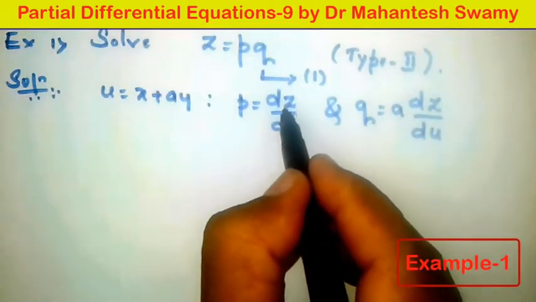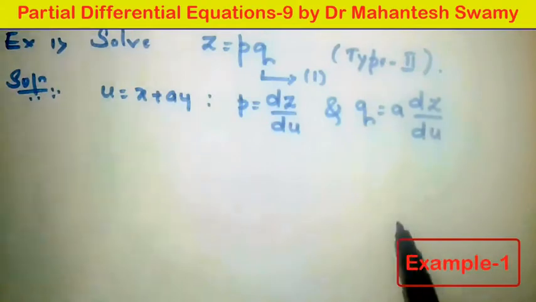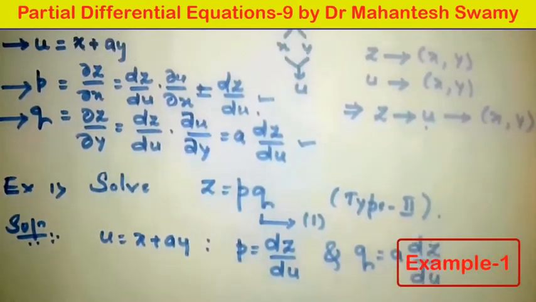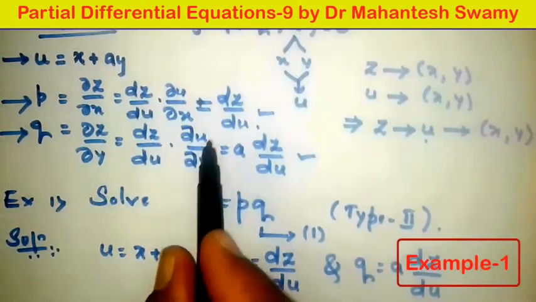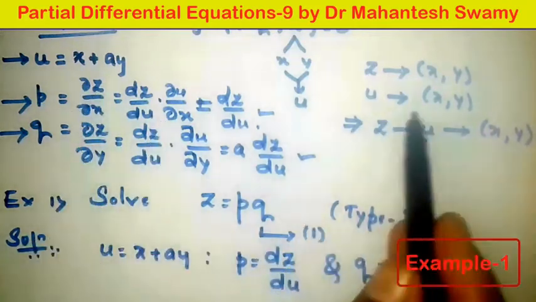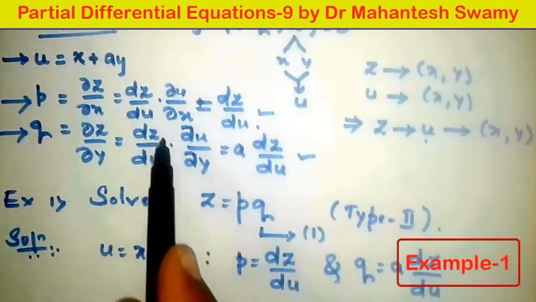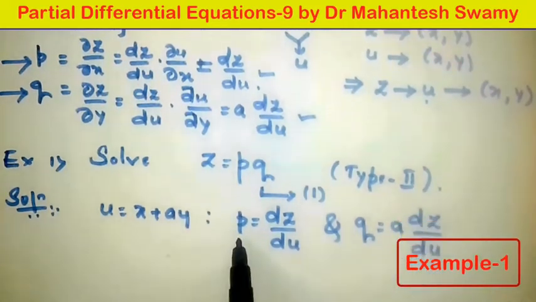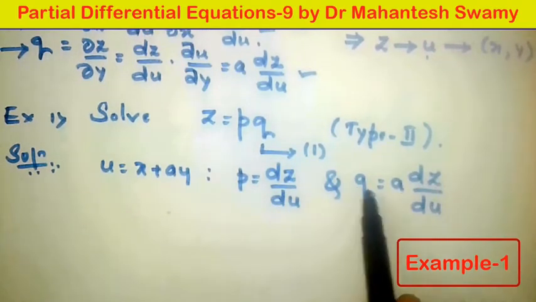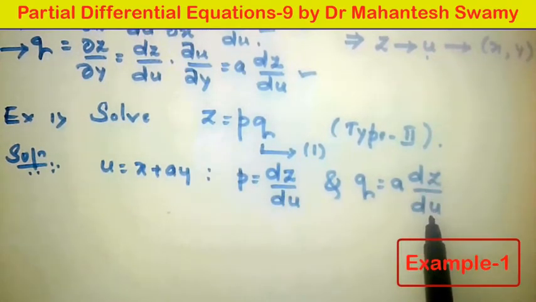How did we write these two things over here? Just now I have explained how these two are coming from this explanation. So we have replaced p by dz by du and q by a into dz by du.